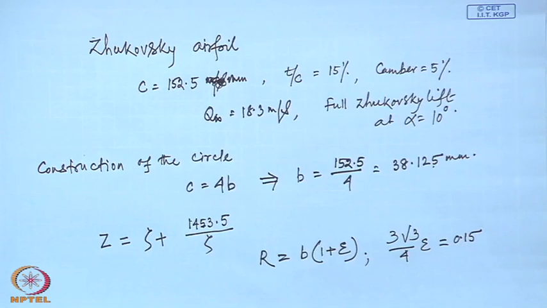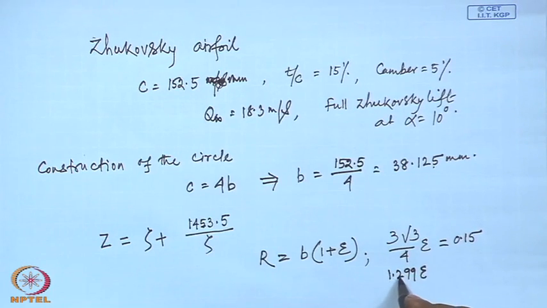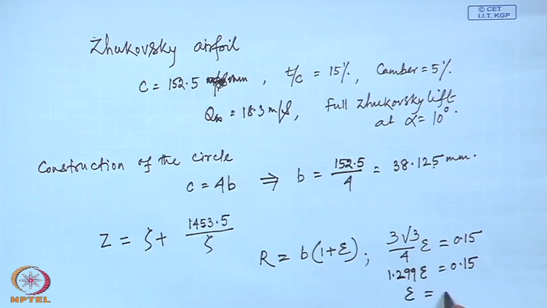This 3 root 3 by 4, you can remember this value is 1.299, that is what is taken, 1.299 epsilon equal to 0.15, that gives epsilon equal to 0.1155.